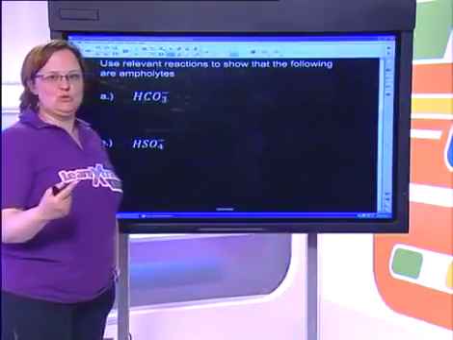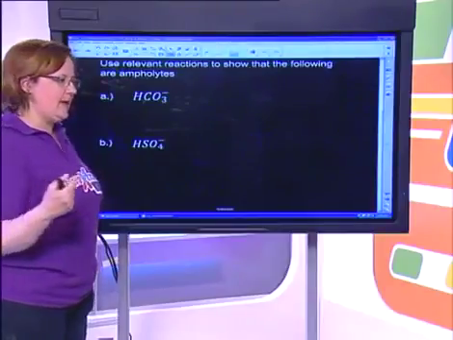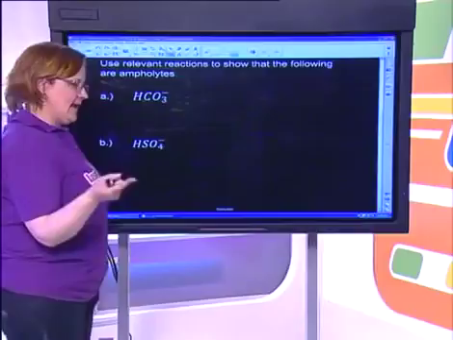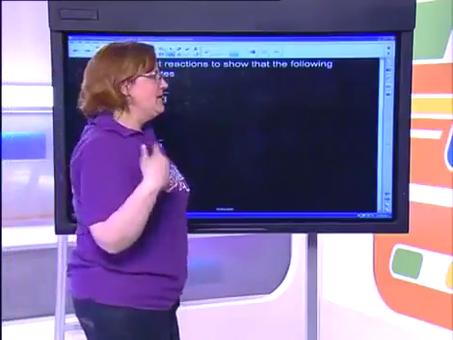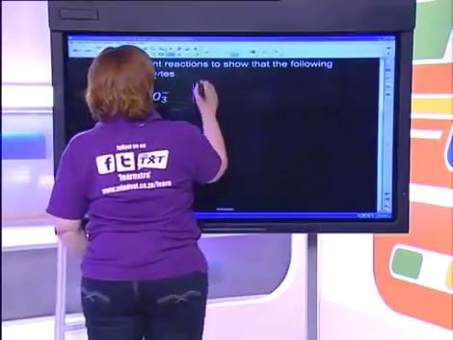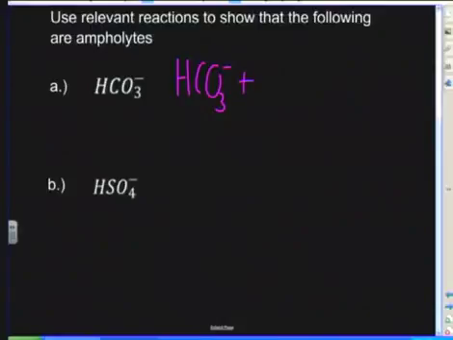Easiest thing to do is let's think about the situations where this is going to happen. In order for it to act as an acid, I need to react it with something that's going to take a hydrogen. Easiest one is if I go HCO3 and react it with an OH minus ion. That OH minus ion could be attached to sodium or potassium or whatever.